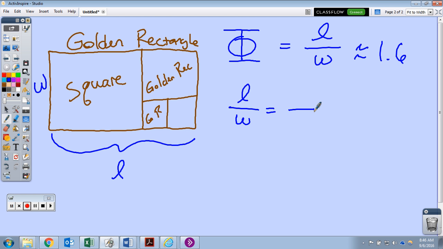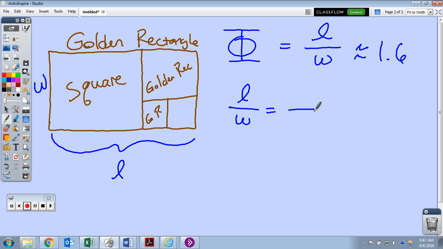So how could we express this length here, if this is W and this is L and this is W? I know why it's confusing.